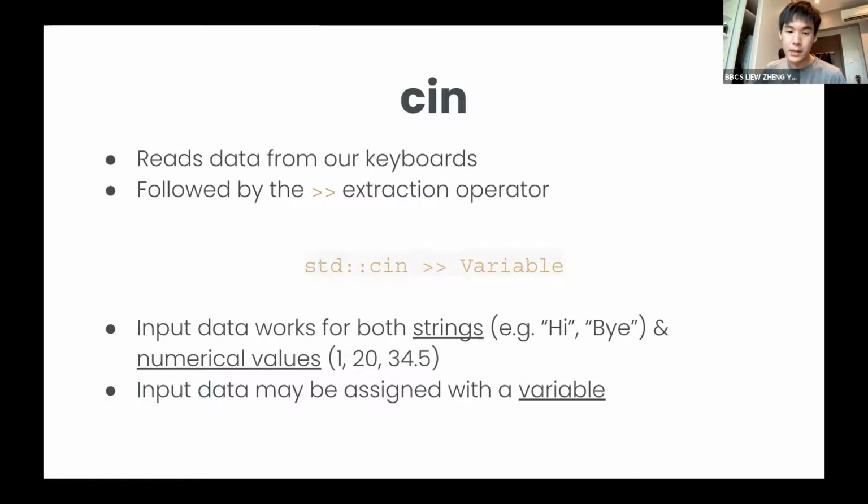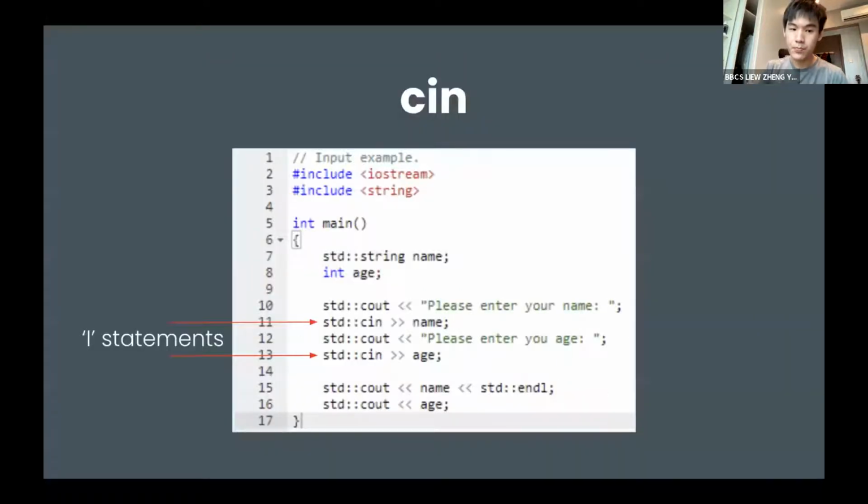This input data may be assigned to a variable, which Yongqian will again talk about later on. So in this example, you see the std::cin name and the std::cin age. These are input statements. They are asking the user of the program to input data, which it will then store somewhere inside the program's memory.